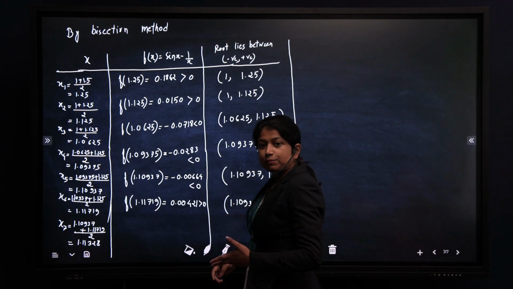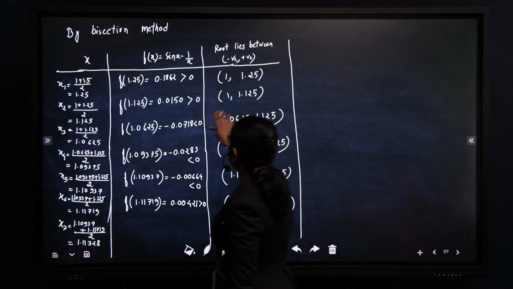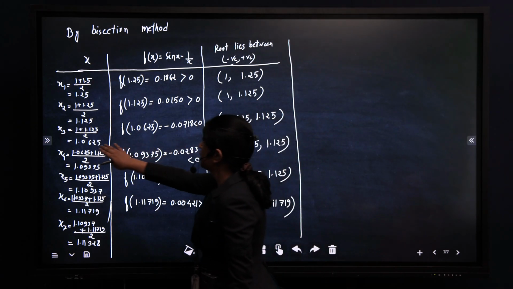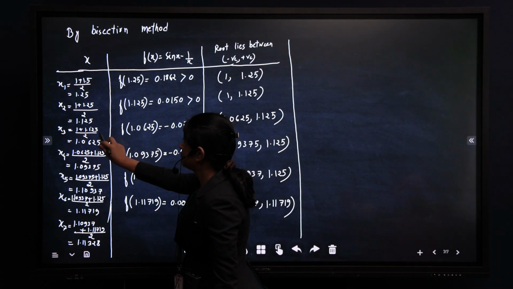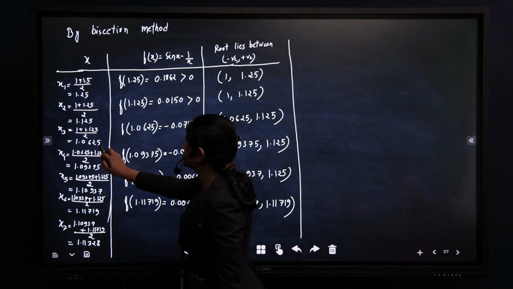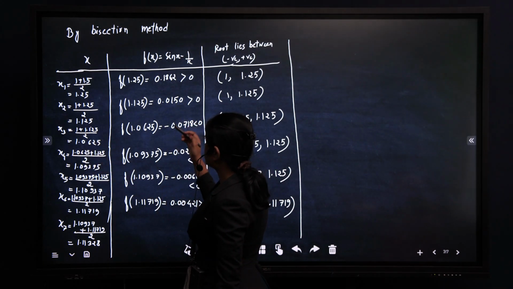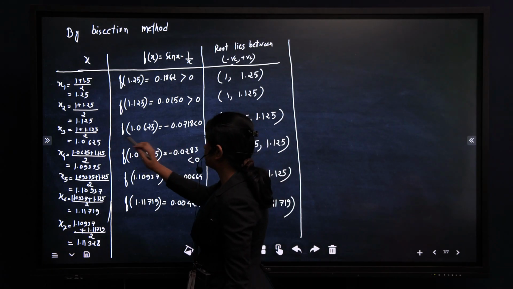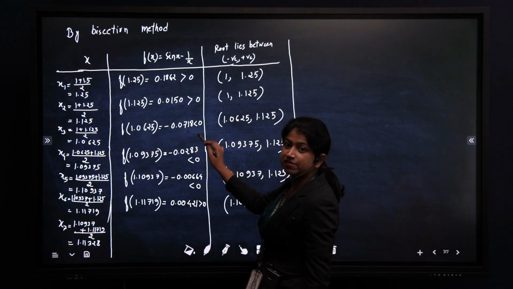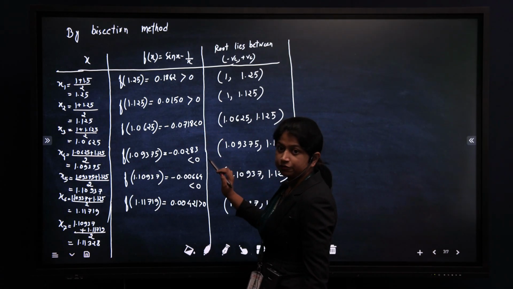So what will be the next approximation? Next approximation will be the average of this one. So this will be 1 plus 1.25 by 2. So this is giving us 1.0625. Now we need to check what is the function value at this point. So function is giving us minus 0.0718. That is negative, right?